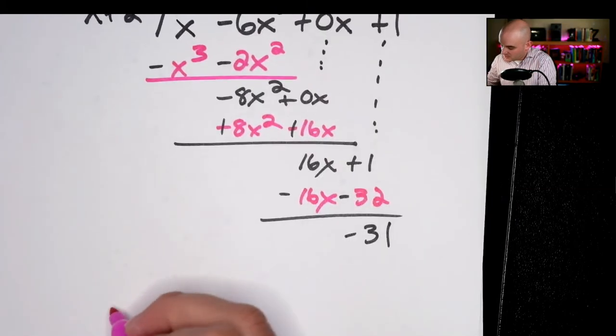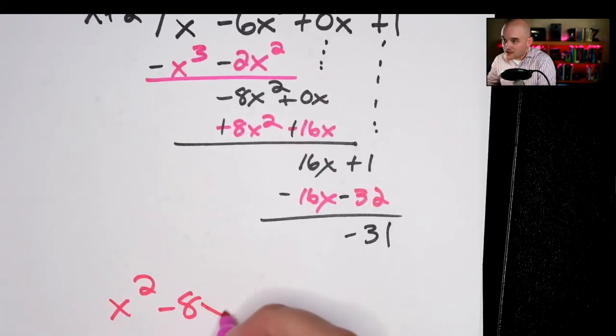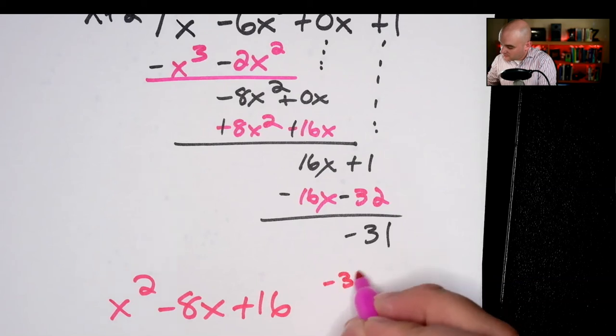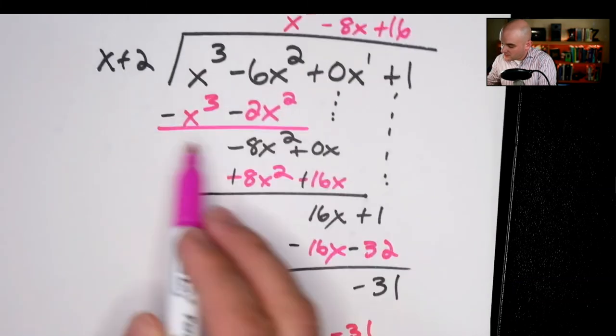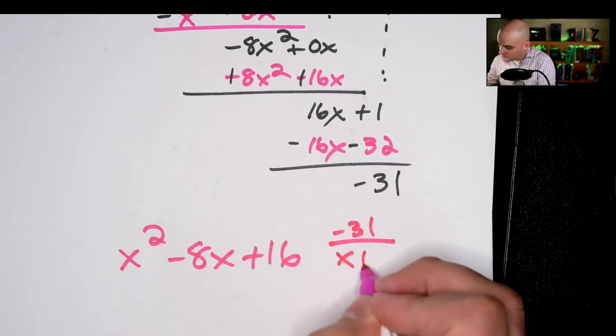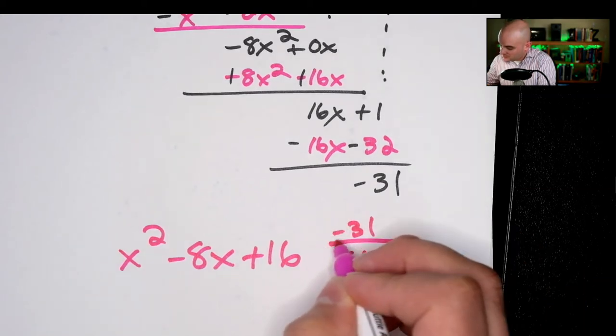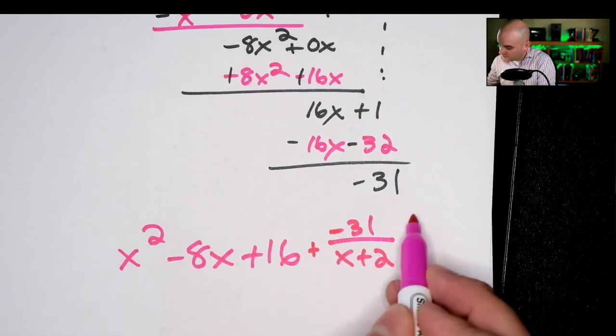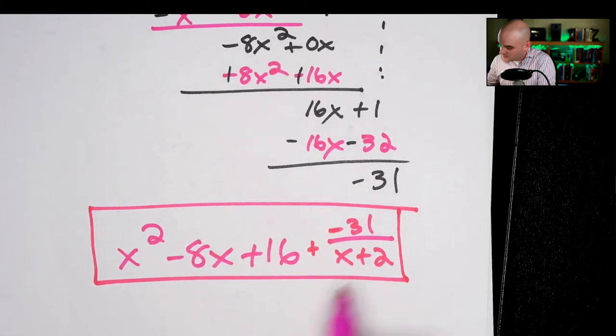This right here, x squared minus 8x plus 16, and then that negative 31 is the remainder. It's still being divided by x plus 2. So I put the x plus 2 right there. And this is technically being subtracted from this. You could say adding a negative if you want to. And that is your answer for that one.